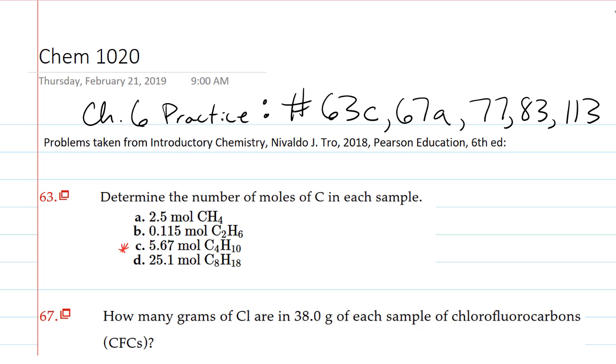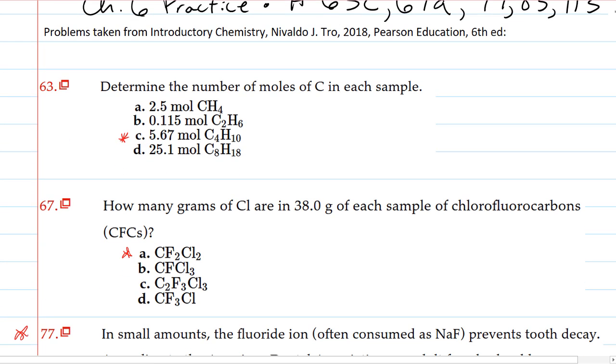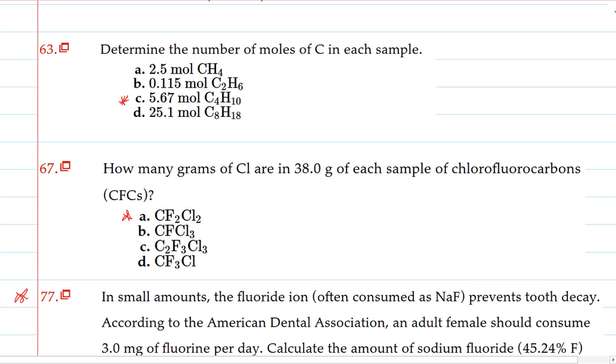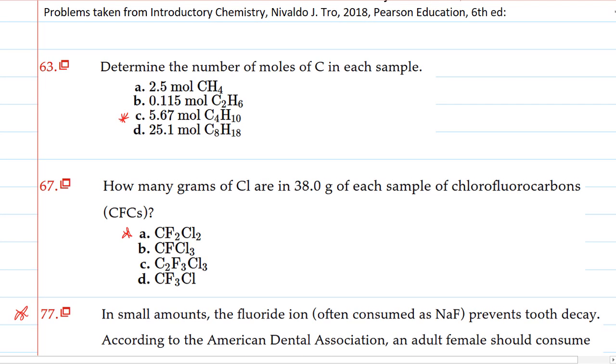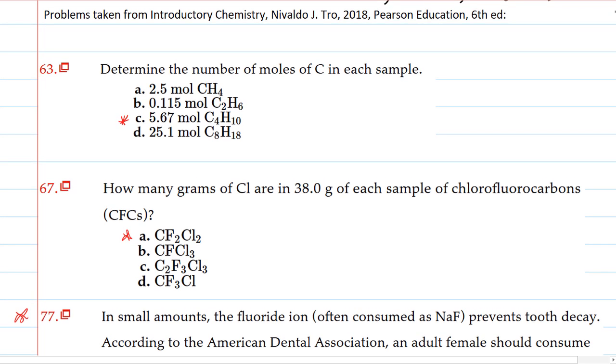If you didn't bring your book with, I know that most of you are equipped with your cameras. I happen to have written these problems down below here. They'll scroll off the screen. Or you can work with somebody that has the answers in the back of their book. There's 63 and 67.